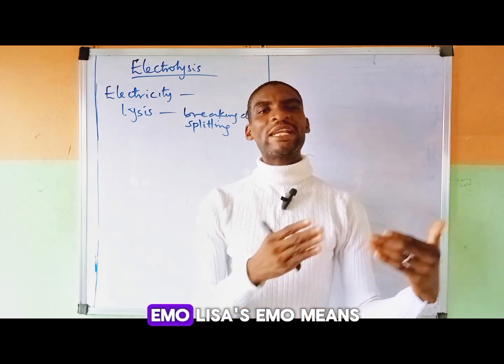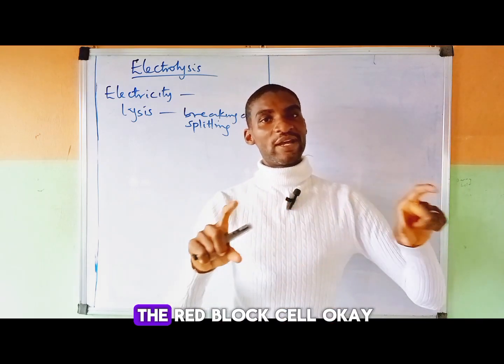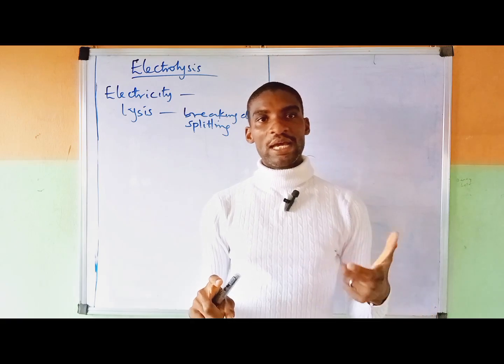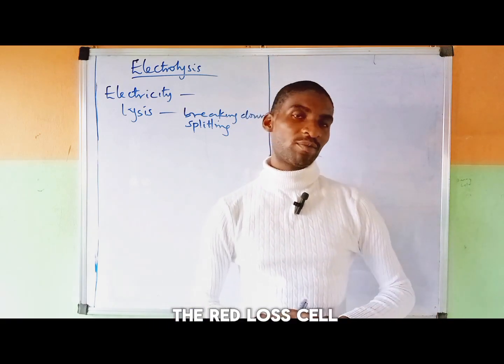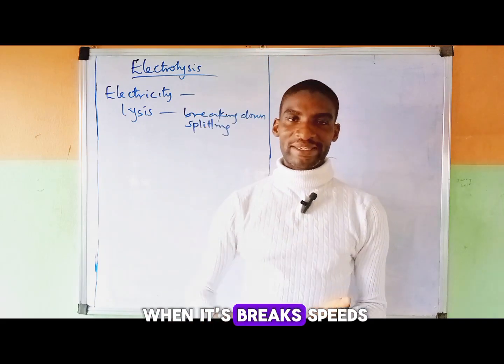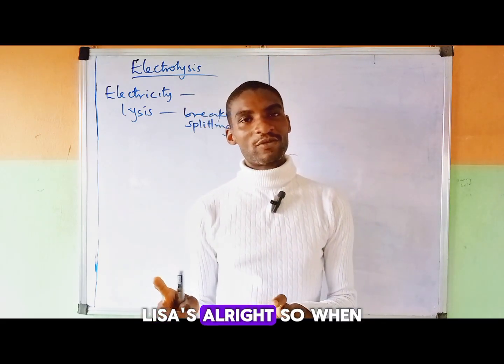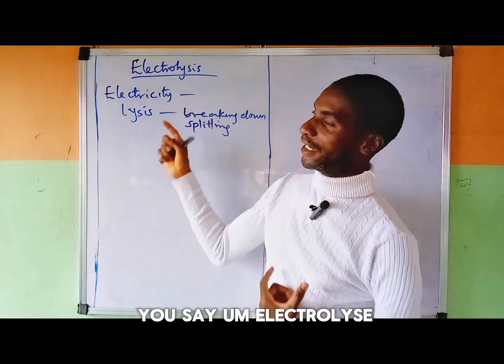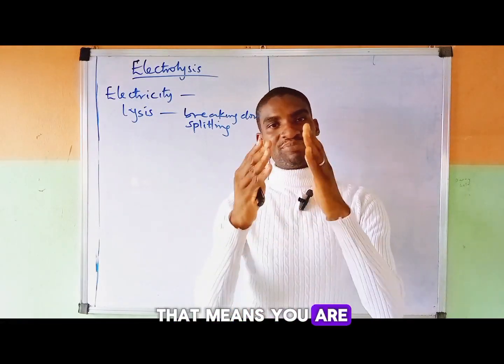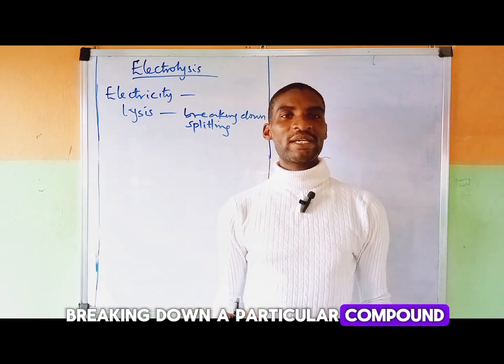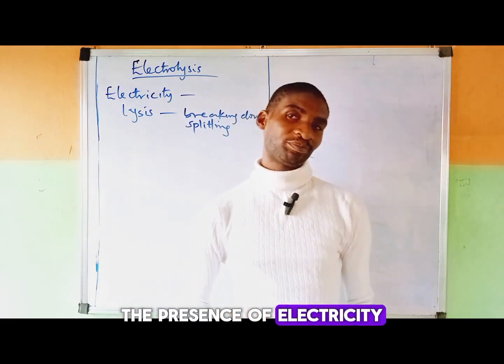When you say hemolysis, hemo means the red blood cell, the hemoglobin in the red blood cell, when it breaks, splits, lysis. So when you say electrolysis, that means you are breaking down a particular compound in the presence of electricity.